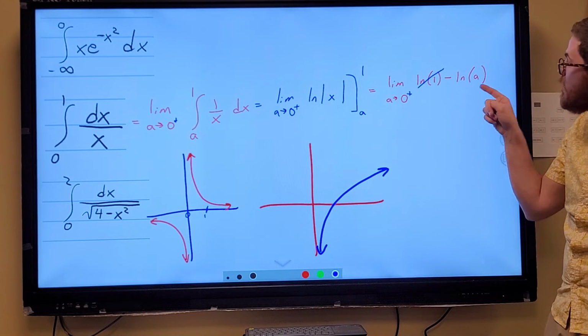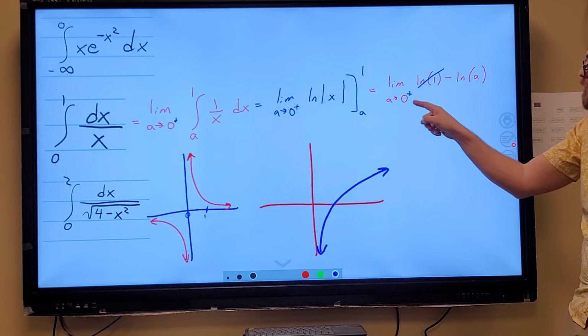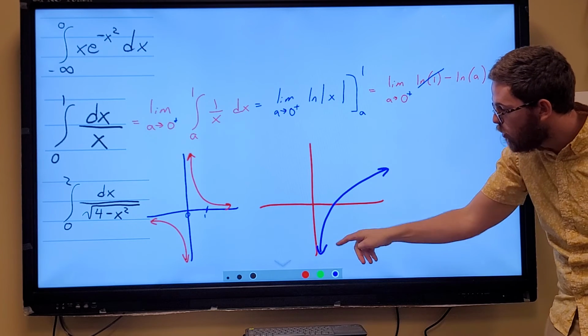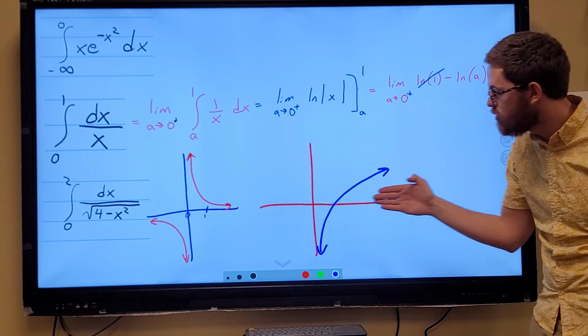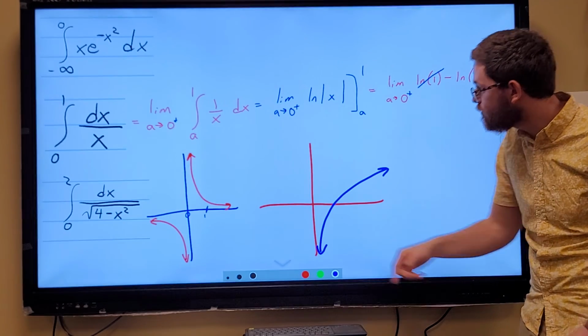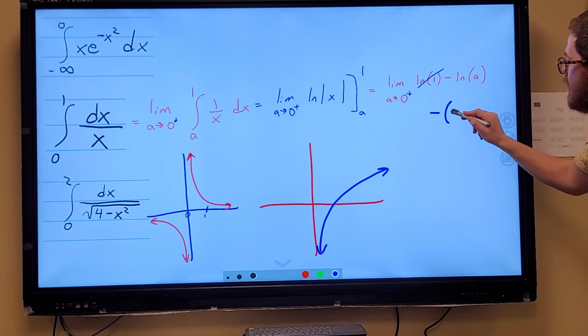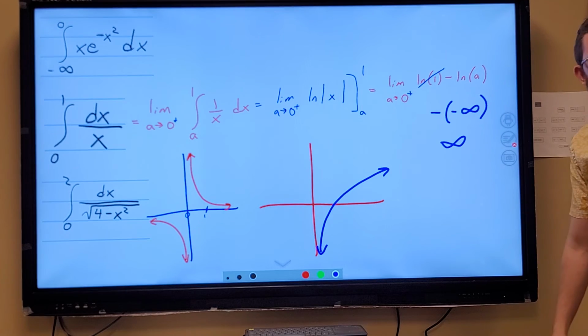But as we look at this limit of natural log, as we approach 0 from the right, we're getting out a negative infinity. As we approach x equals 0 from the right, we're getting negative infinity. So as we take this limit, we have a negative infinity, which is a positive infinity.